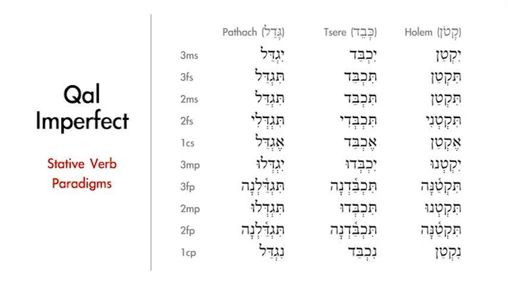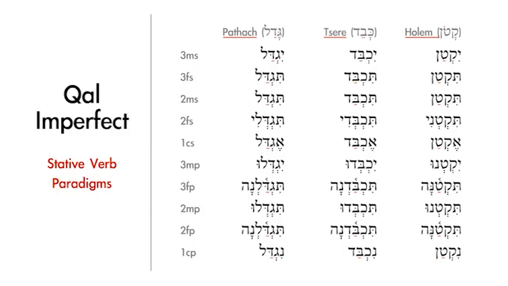Let's look at the full paradigm for each of the stative verbs in the Qal imperfect. We have the patach stative, the tsere stative, and the holem stative. And you'll notice that in each paradigm, the stem vowel is the short A vowel, patach, except where it has reduced, where you have the vocalic sufformative. Let's look at the first one together, yigdal.